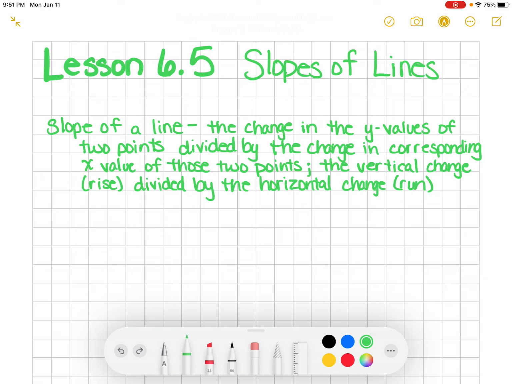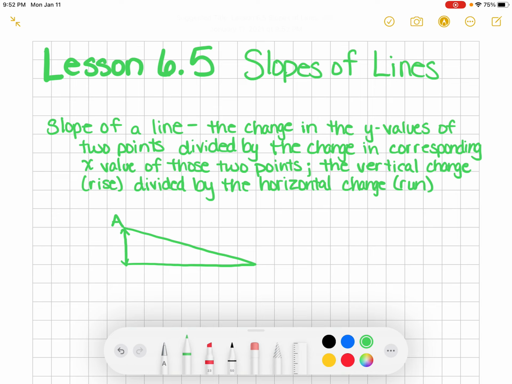Okay, so let's get into what slope means. If I had this line right here, then to find the slope of that, I'm going to find the vertical change, or the rise, and the horizontal change, or the run. So let me show you what that looks like.